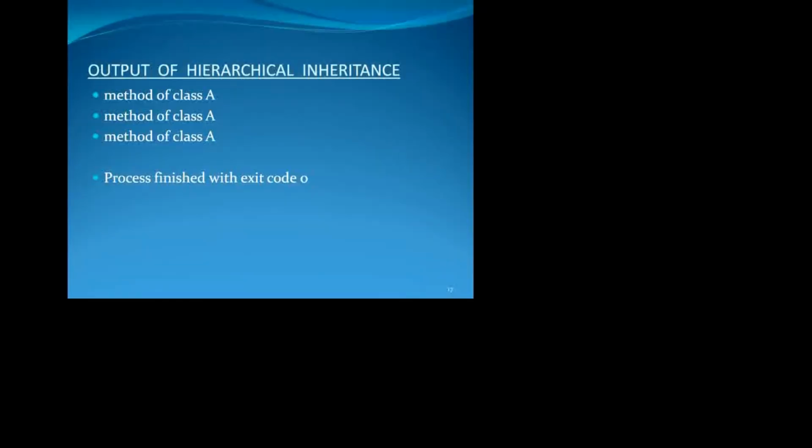We can derive the methods and fields of the base class with the use of the extends keyword. Extends keyword indicates that you are making a new class that derives from an existing class. It increases the functionality.